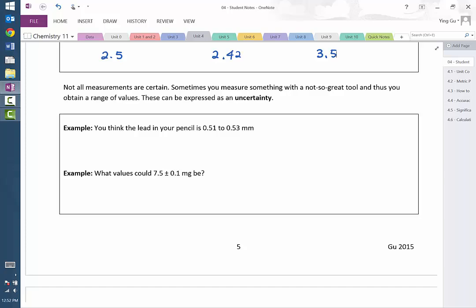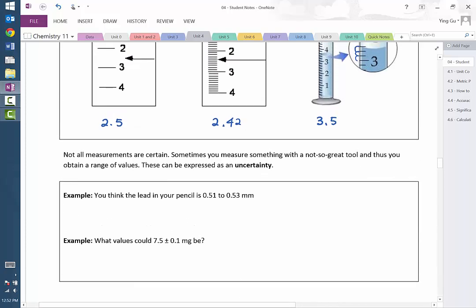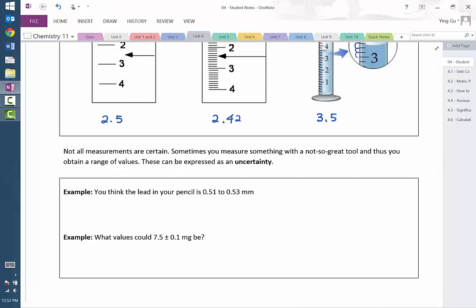Now, not all measurements you make are certain because sometimes you do have a little uncertainty with that final decimal place that you read. And so sometimes we express our measurements with an uncertainty. For example, you read a ruler and you think your pencil is 0.51 to 0.53, somewhere between there.